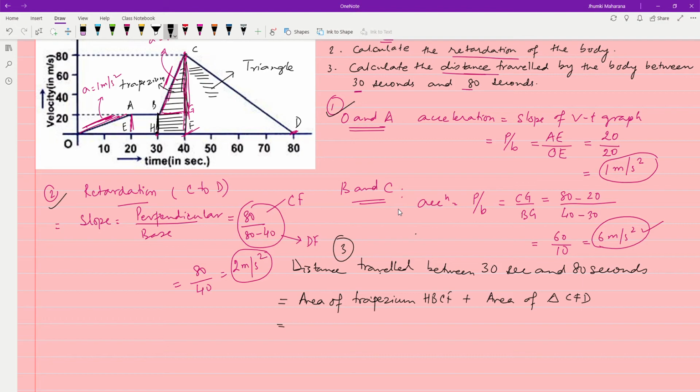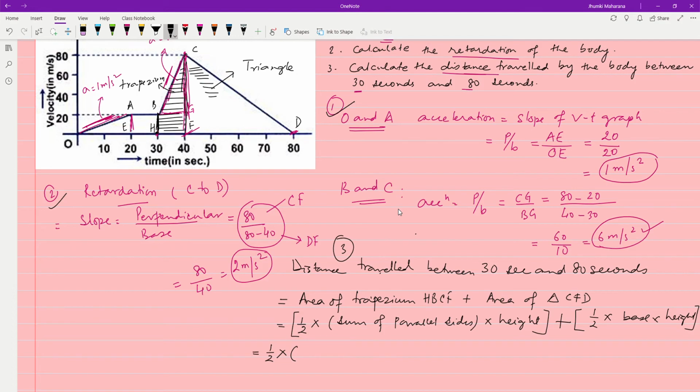So this is half into sum of parallel sides multiply height. This is the area of trapezium, and we have half into base multiply height for the triangle. So this would be equal to half multiply. What are the parallel sides here?